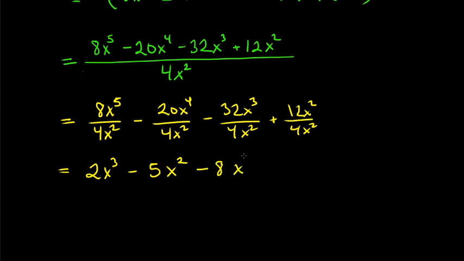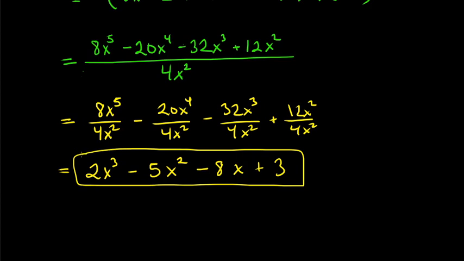And then 3 minus 2 is 1. But x to the 1 is really just x, so you don't need the 1 there. Plus 12 divided by 4 is 3. And then this is x to the 2 minus 2, which is x to the 0. But remember, x to the 0 is just 1. And 3 times 1 is just 3. So there we go. Pretty easy. I'll let you try another one.